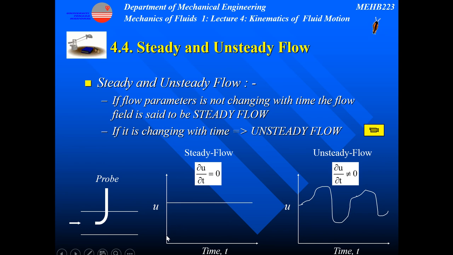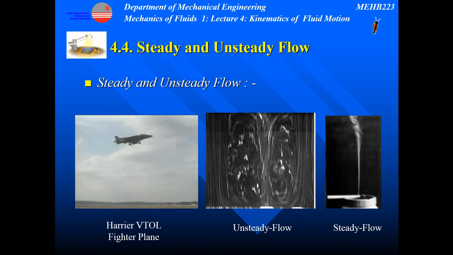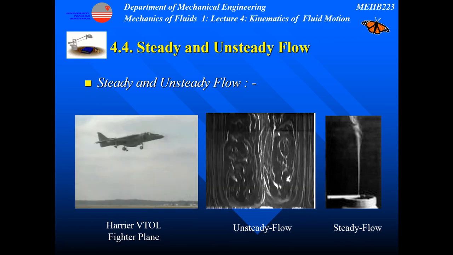The gradient is zero. But if you plot the velocity versus time graph and get a fluctuating line, then the flow is said to be unsteady, because the rate of change of the velocity with respect to time is not zero. In most cases, the flow is unsteady.